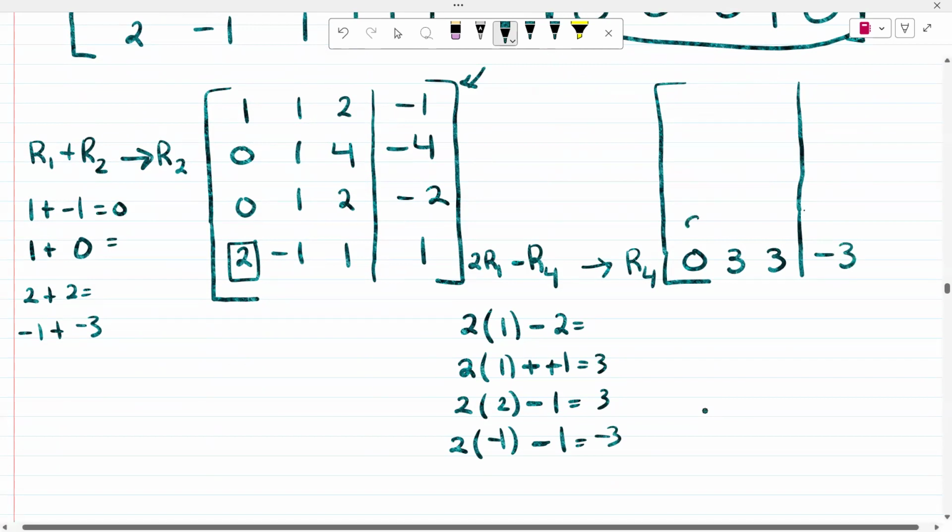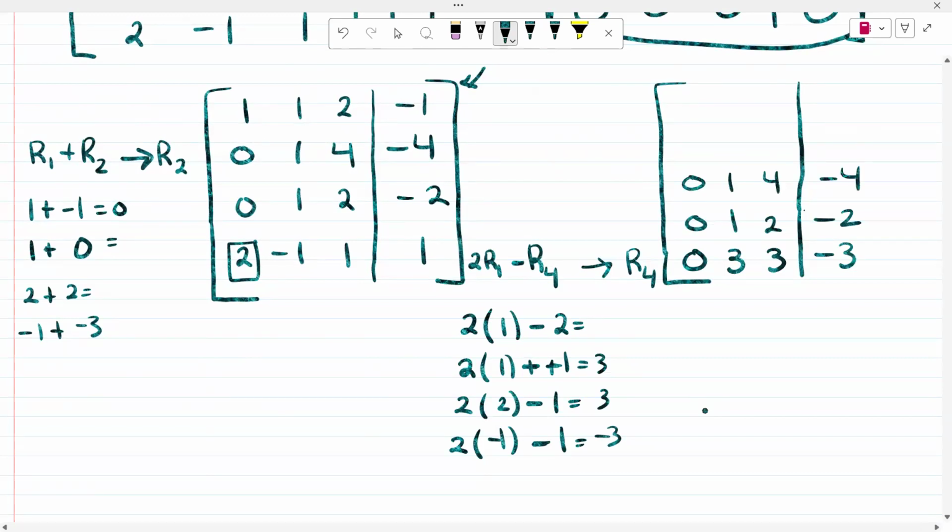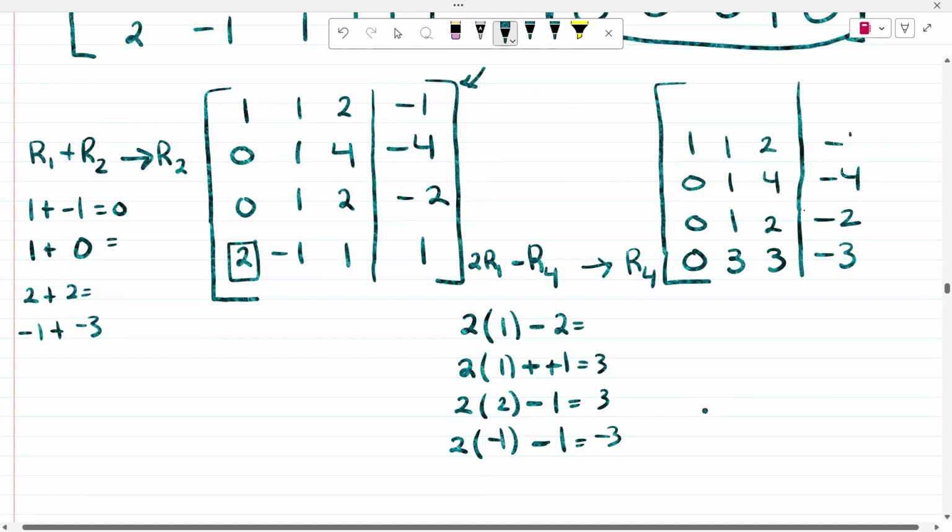So this would be 0, 1, 2, -2, 0, 1, 4, -4, and 1, 1, 2, -1. Okay.